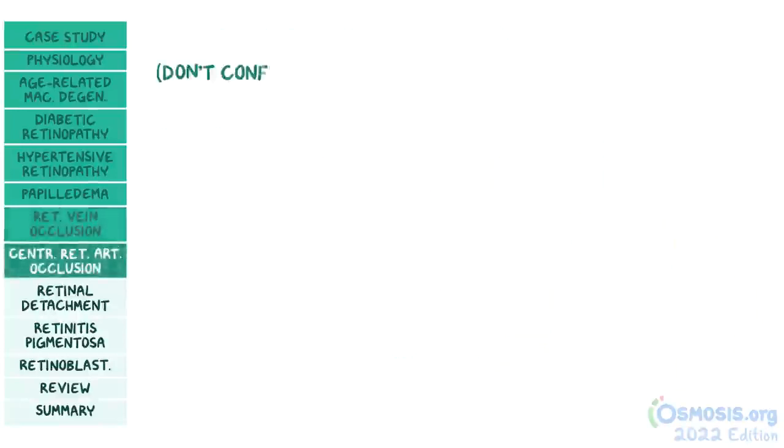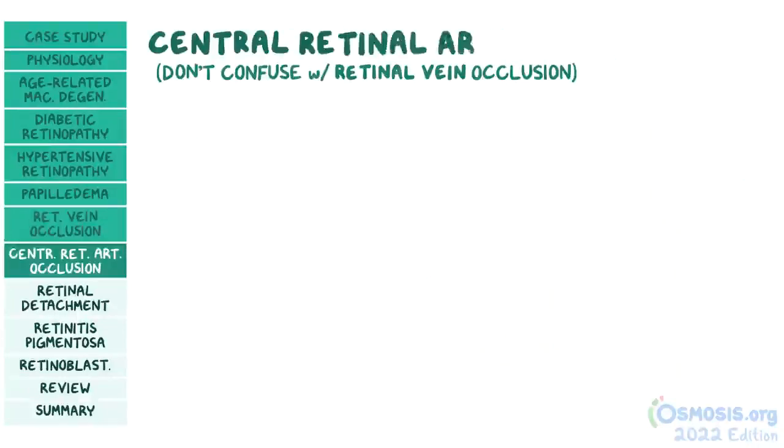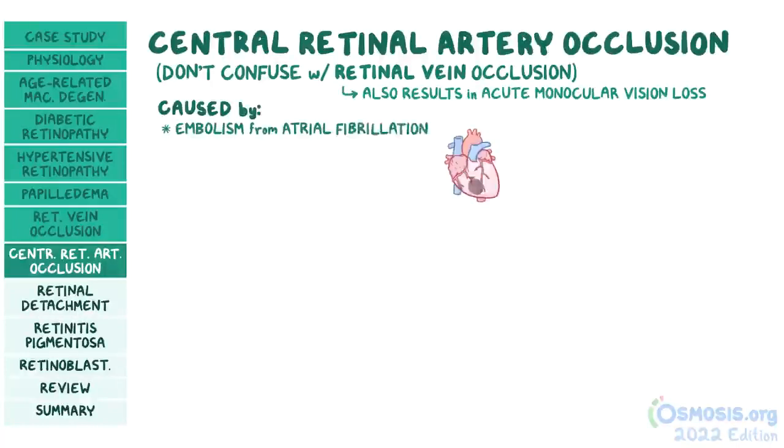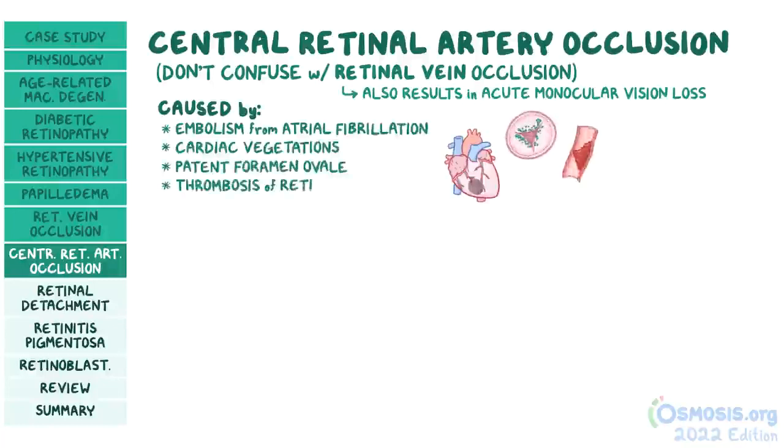Now, don't confuse retinal vein occlusion with central retinal artery occlusion, which also results in acute monocular vision loss. This can be caused by an embolism resulting from atrial fibrillation, cardiac vegetations, or a patent foramen ovale, but might also be due to thrombosis of the retinal artery, usually as a result of atherosclerosis.